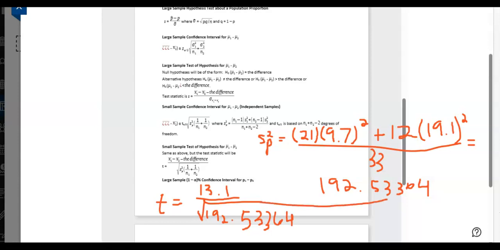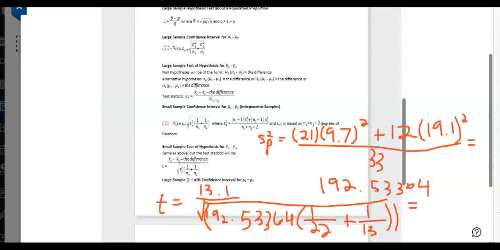The one thing you want to make sure of when you put this in your calculator is that you put that 192 in an entire set of parentheses, because otherwise you can end up with the wrong answer.